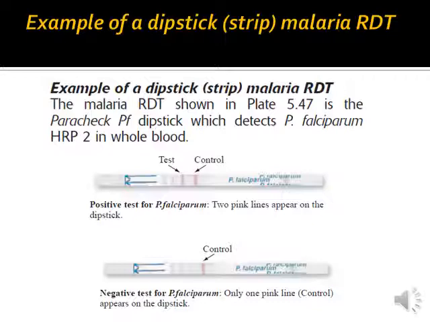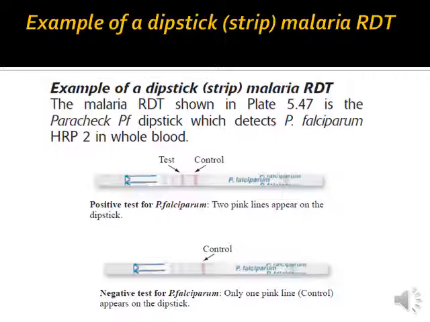Now this is the control line. This is going to tell you that the test is working normally or it is properly working. So this control line should always appear. If a control line does not appear, this means your strip is not working properly.